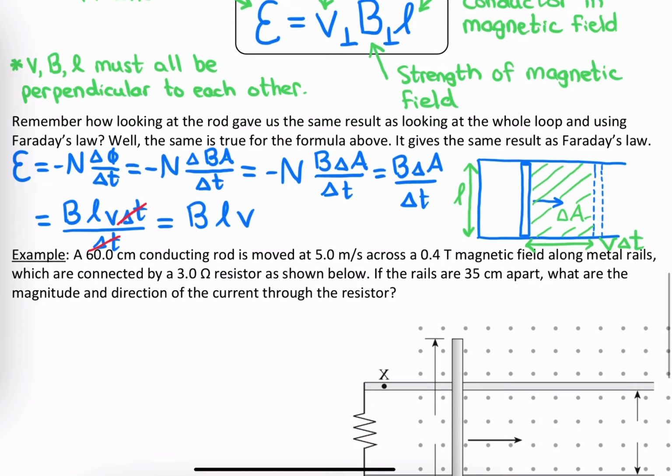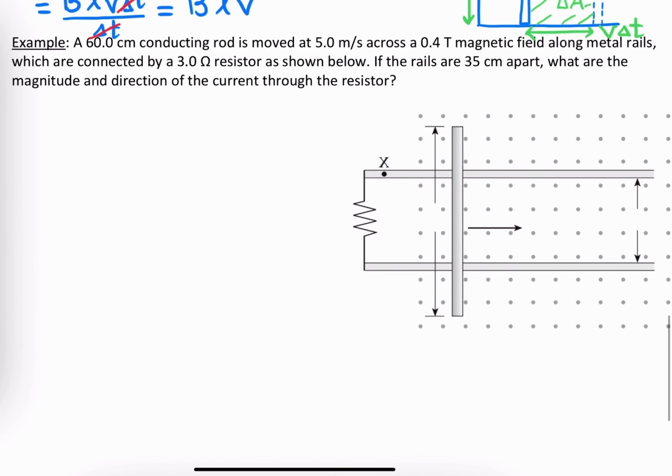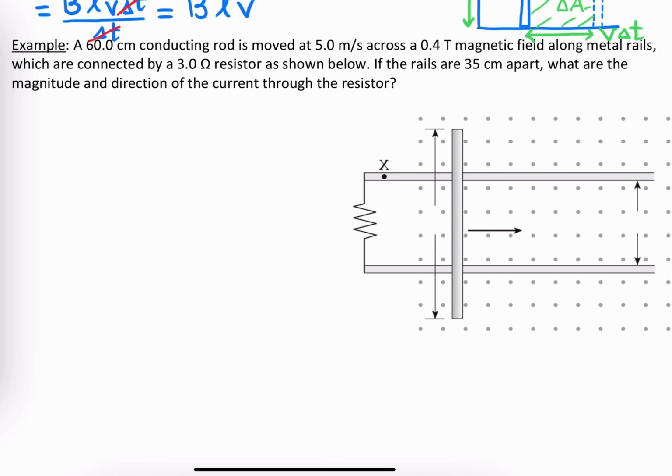Let's put some actual numbers into it, and let's try and solve it. So we have, let's say our conducting rod is 60 centimeters. So right here I've got 60 centimeters.